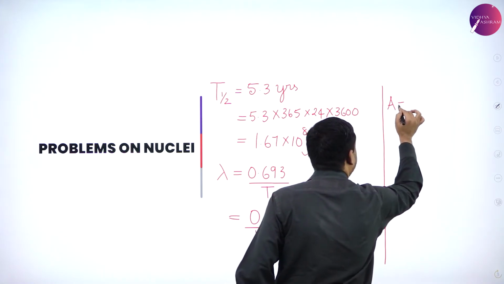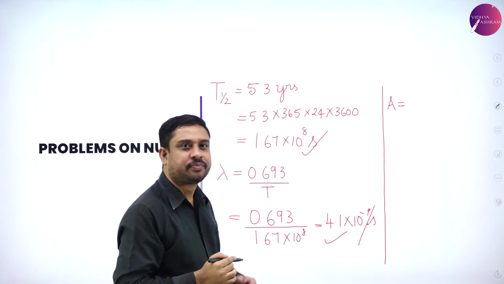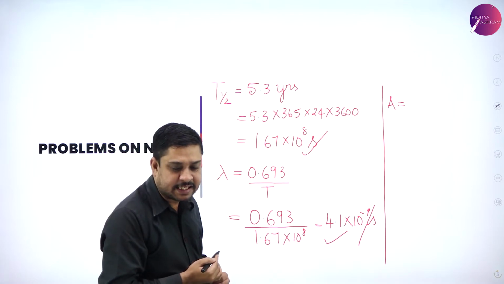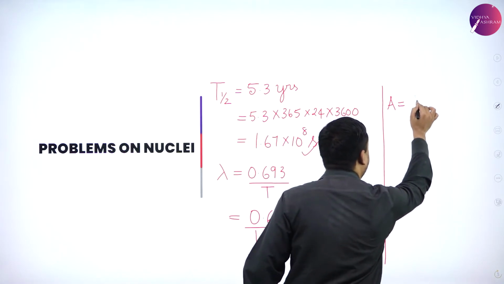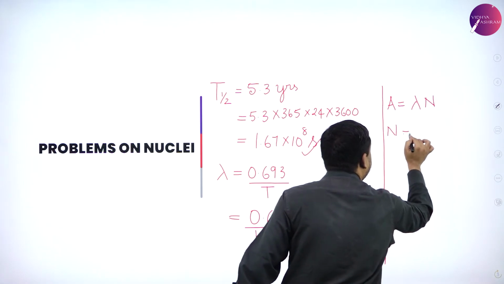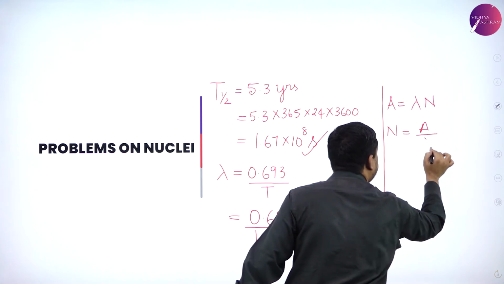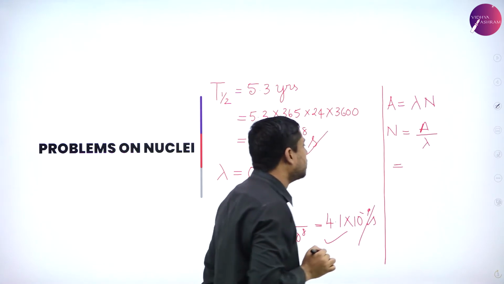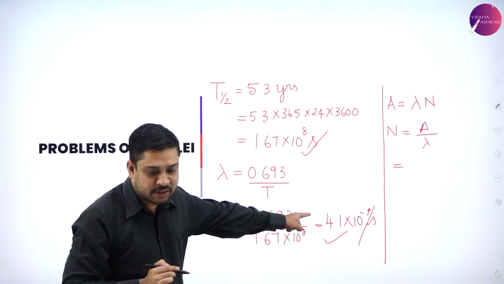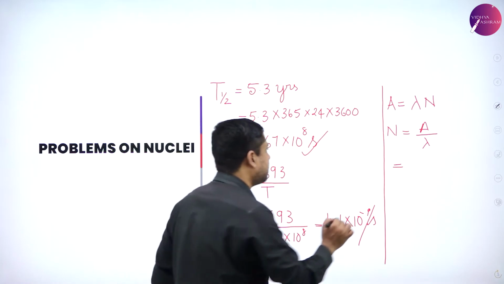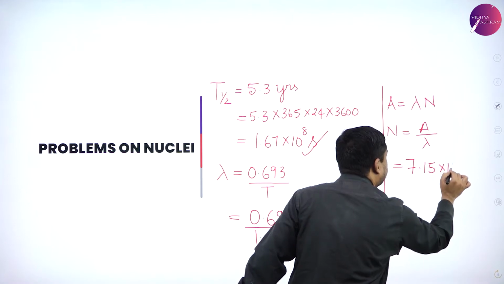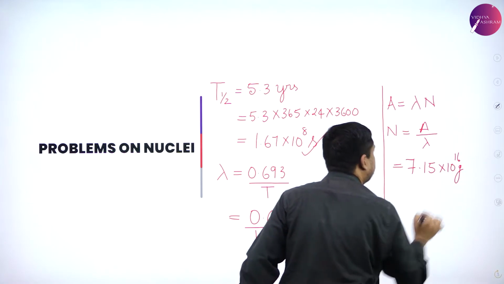Activity is basically defined as lambda N. So N is A divided by lambda. So substituting A, we have already got, lambda is already here. So it is 7.15 into 10 power 16.